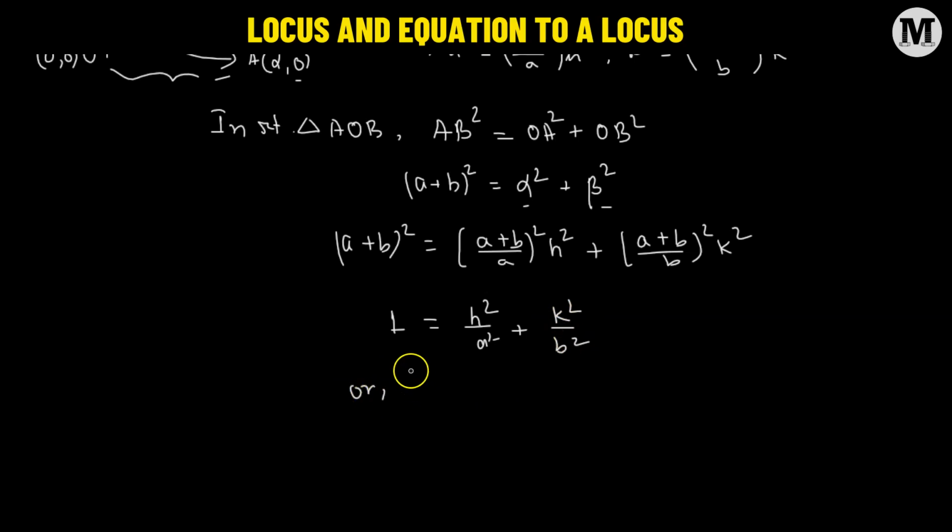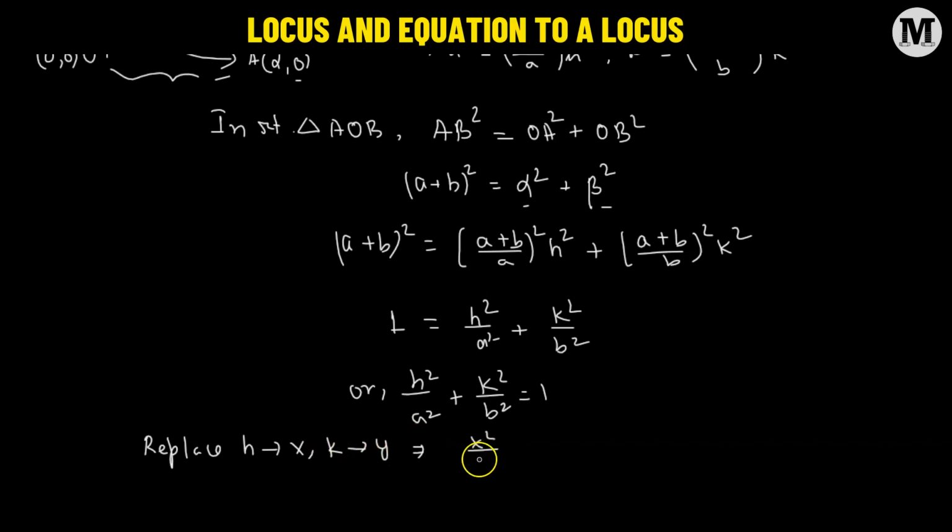Or we can simply say h squared over a squared plus k squared over b squared equals 1. Finally, we replace h with x and k with y, so we get x squared over a squared plus y squared over b squared equals 1, and this is the locus of the point P which we were asked to find. So that's how we can obtain the locus of that particular point P.